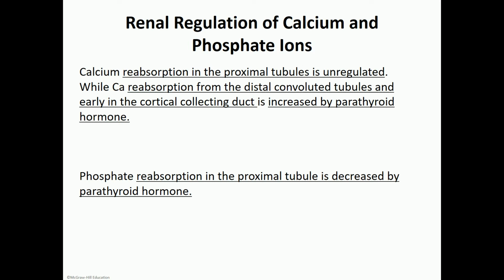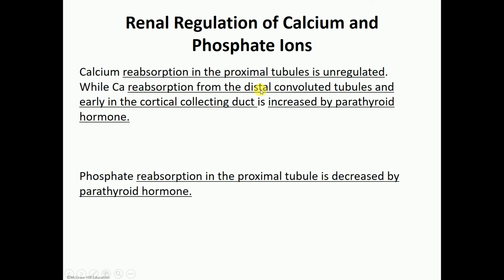Now for the regulation of calcium and phosphate ion secretion, that is mediated through the hormone known as PTH, or parathyroid hormone. When it comes to calcium reabsorption, PTH has really no effect on the proximal tubules, but parathyroid hormone does have an effect on calcium reabsorption from the distal convoluted tubules and the cortical collecting ducts.